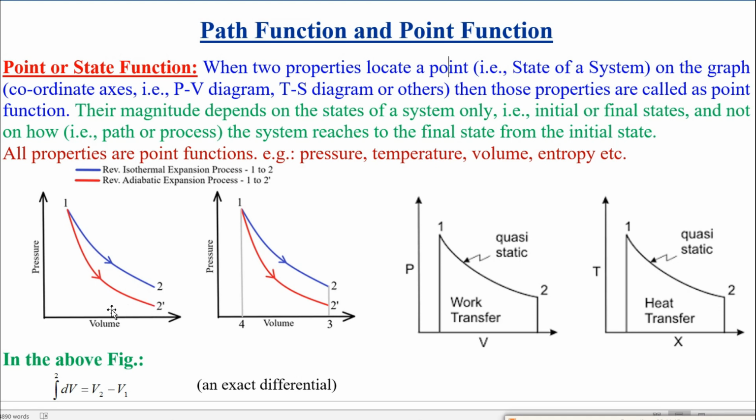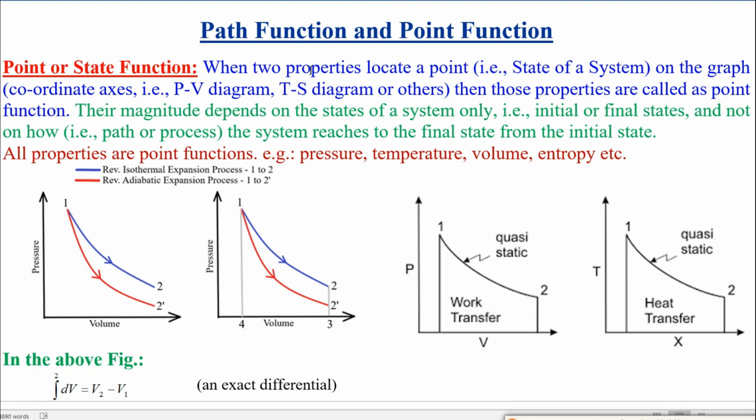So those properties, that is pressure and volume, and maybe other properties also can be stated here, say T1, rho 1, entropy S1, etc., will be called the point function or the state function.